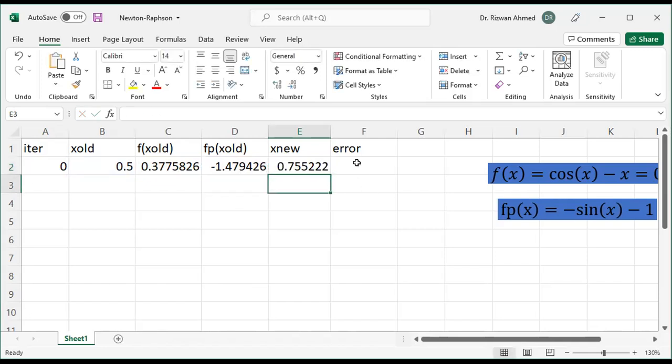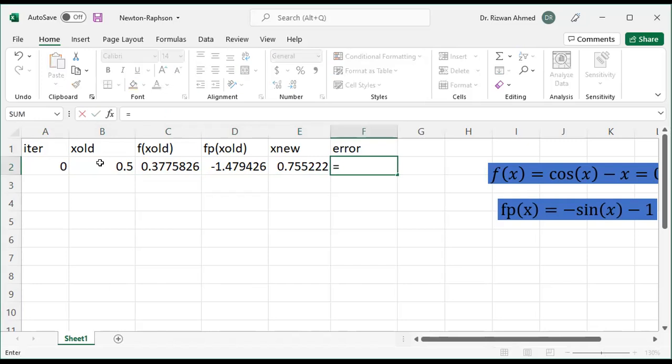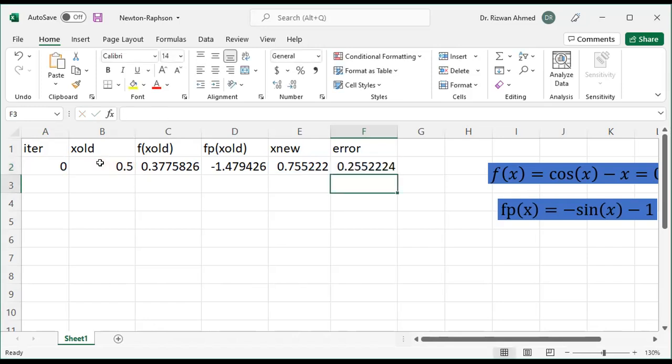So we have got a new value from the algorithm. Starting from the x old value, we computed f of x old, then the derivative at that point, then the new value from Newton-Raphson's approximation, and then the error calculation, which let's define as the absolute value of the new value minus the old value. So this is the end of the first iteration, right?